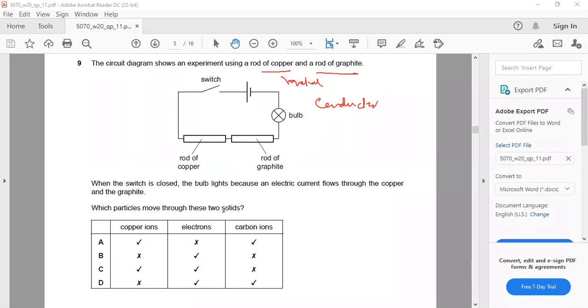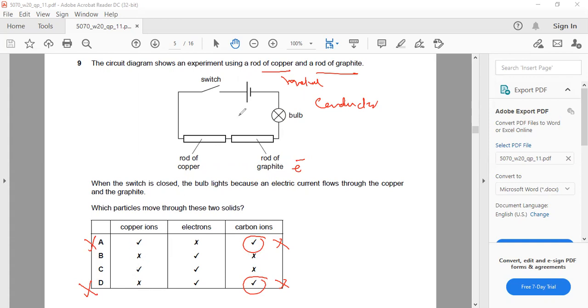Okay. Which particles move? Carbon ions do not move. It means A and D are 100% wrong, because there are no carbon ions in the graphite. Electrons are in the graphite. So B and C are the answer.